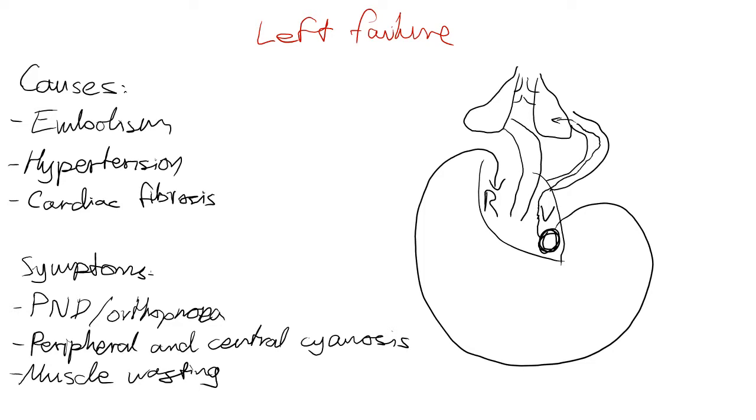But as you can see, compared to the systemic circulation, which is this big part here, the pulmonary circulation is very small. So it's very easy for left-sided heart failure to precipitate as right-sided heart failure.